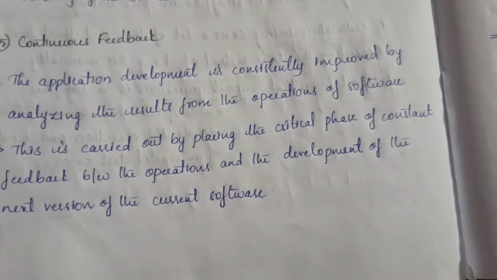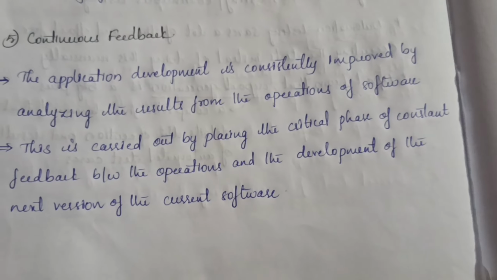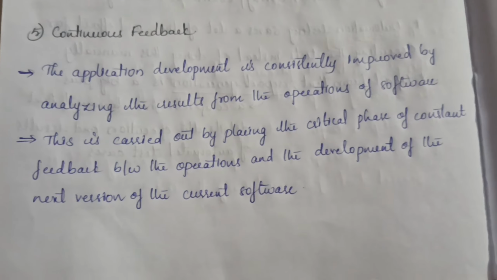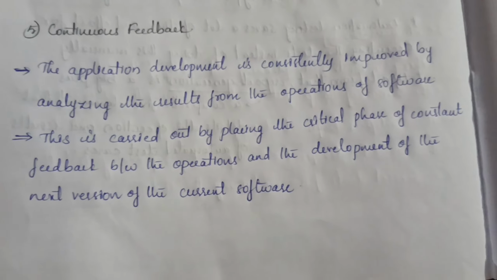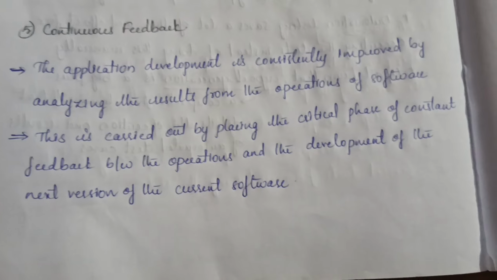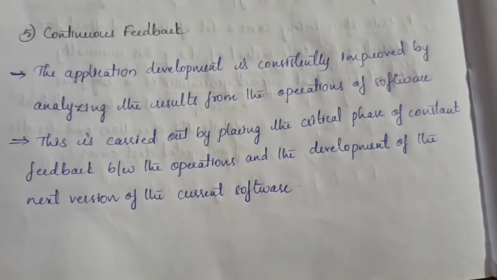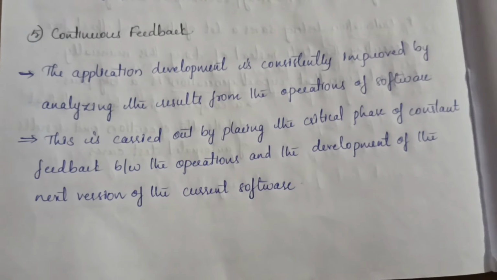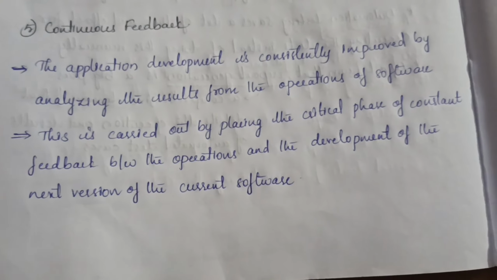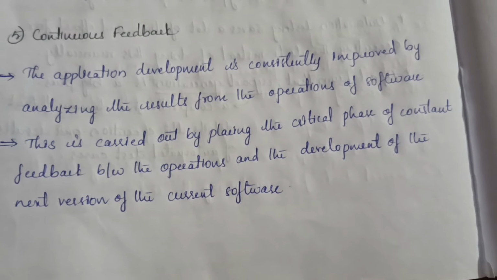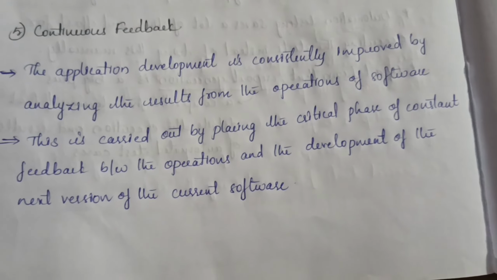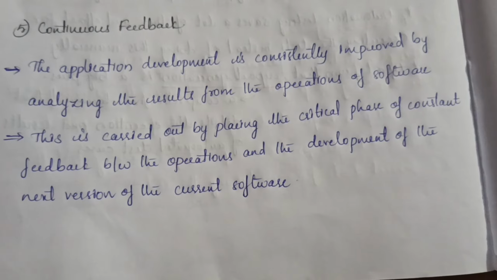When a customer buys that product, we will ask, is it working properly, is there any problem with that product? Based on that, we will rectify anything bad about that product. Like that, in application development also, the development team will consistently take feedback from the operations team.